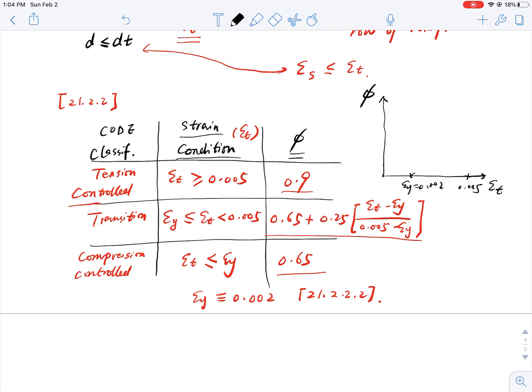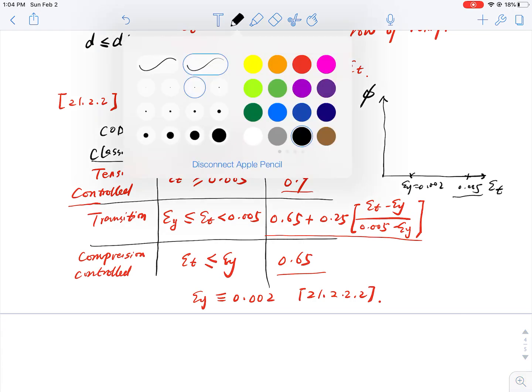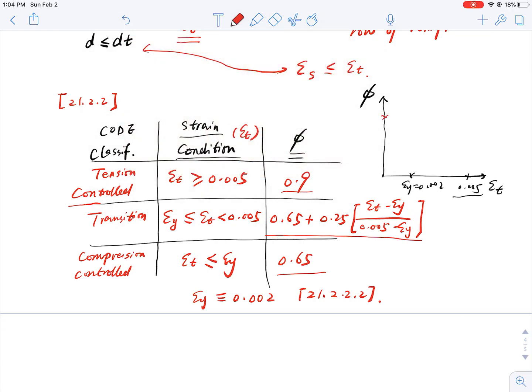In terms of this equation, when epsilon t is bigger than 0.005, let me use red, I have a value of 0.9. If it's below epsilon y equal to 0.002, I have a value of 0.65. What happens in between? I have a linear interpolation.